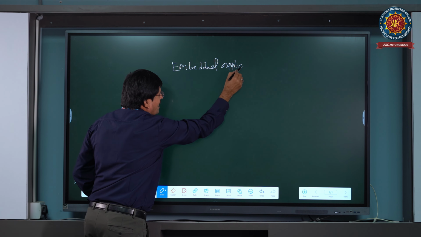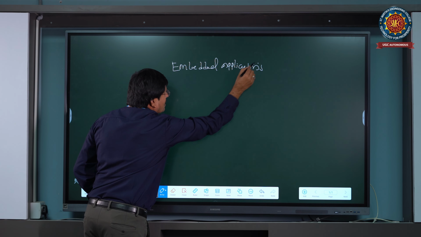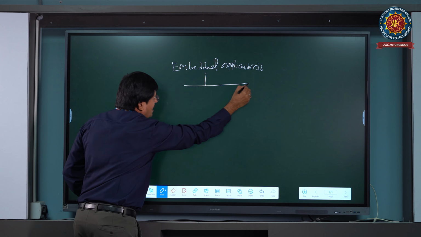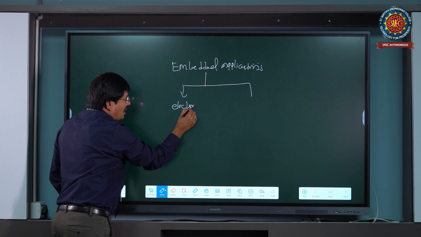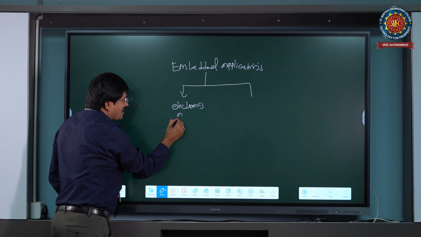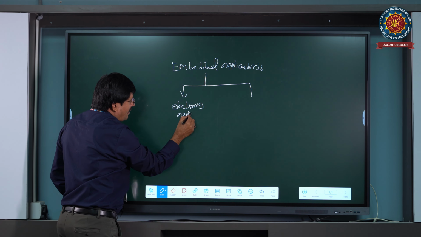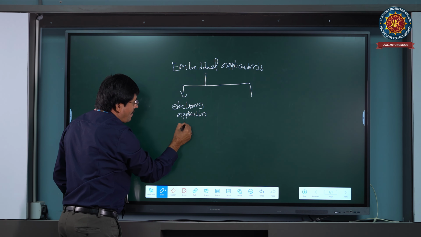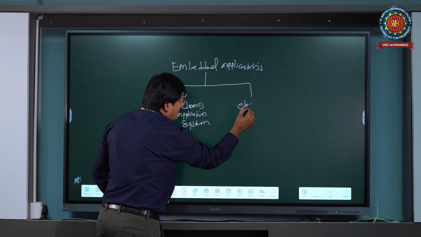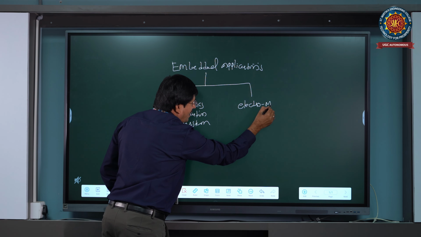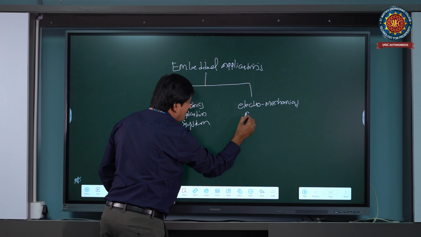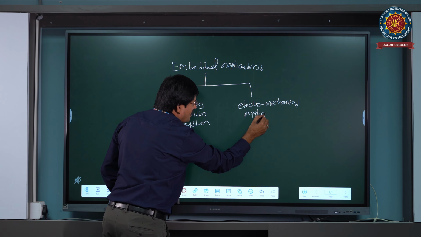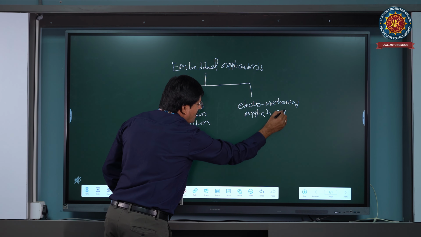Embedded system applications can be defined as electronic application systems and electromechanical application systems.